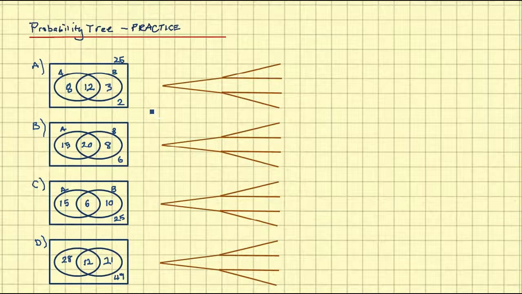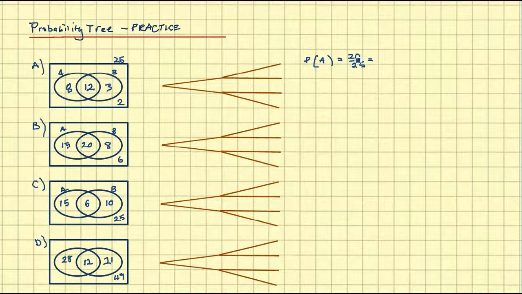And the aim of this is to find out what the probability of A is, the probability of B, and do a little bit of calculations on those. So the probability of A we can get from our diagram here is 8 plus 12, which is 20 out of 25.